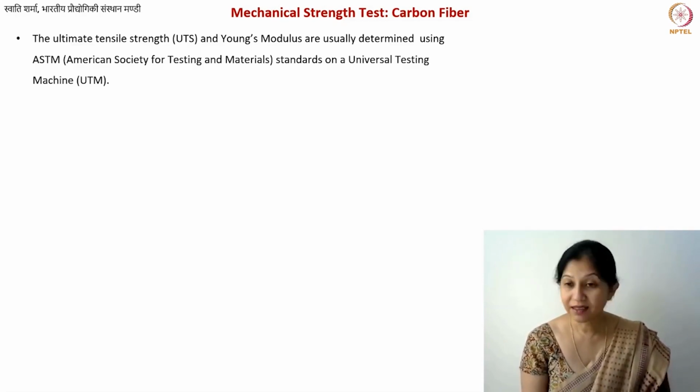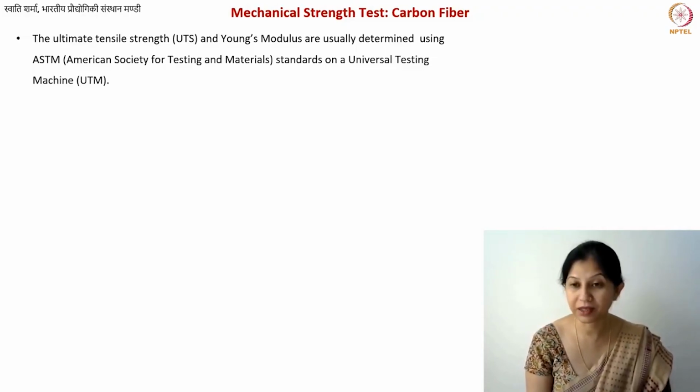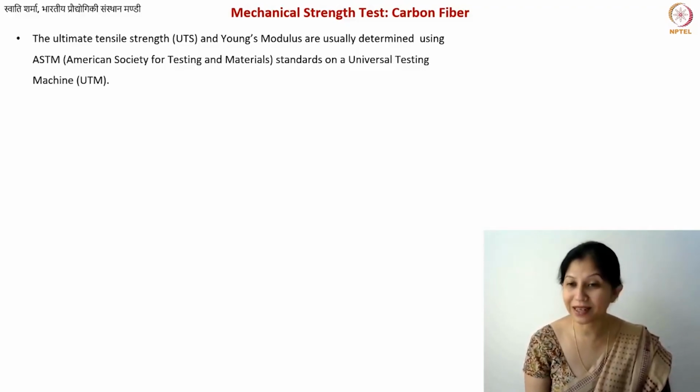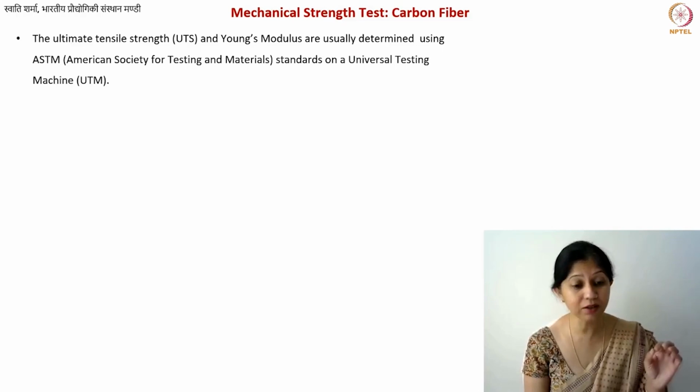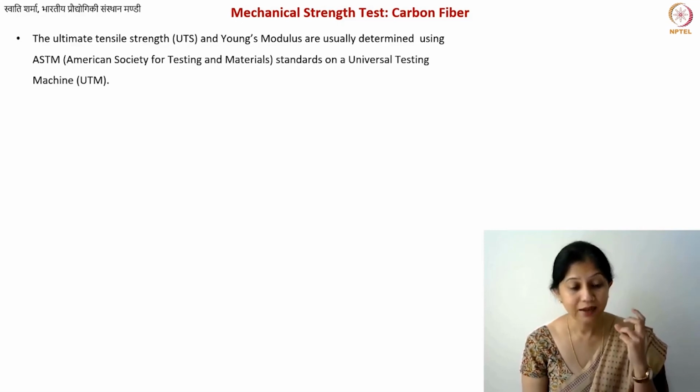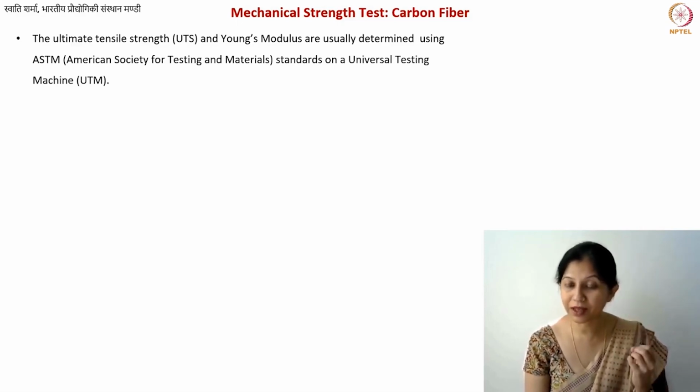As I said, you will use a similar kind of setup that you would also use for a large scale material. Then what is the difference? Well, in the case of fibers, our sample is much smaller. Also, the loads that we apply, especially if you're performing the test for a single fiber, are much smaller compared to what you would use for a thick steel cylinder or rod. So that is one difference. The loading of the sample also becomes slightly different, because you may not have the same kind of sample holder.